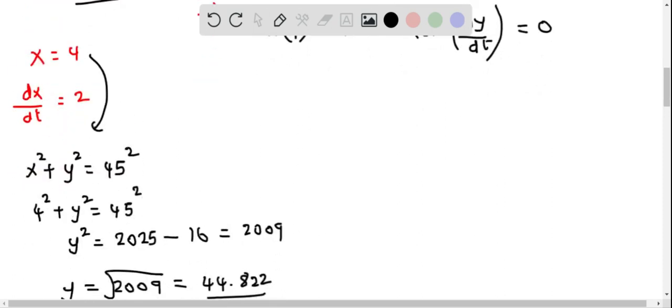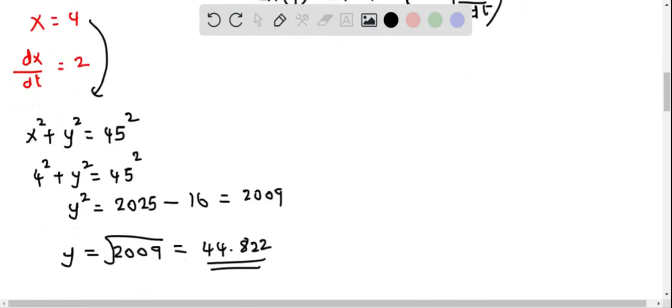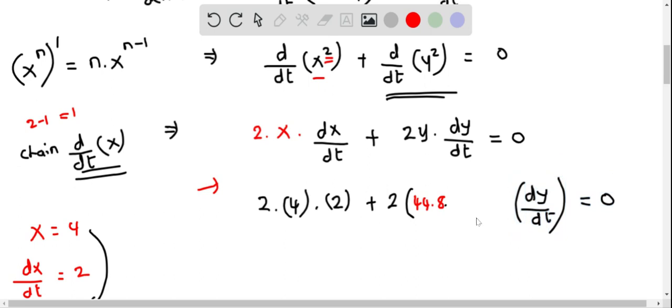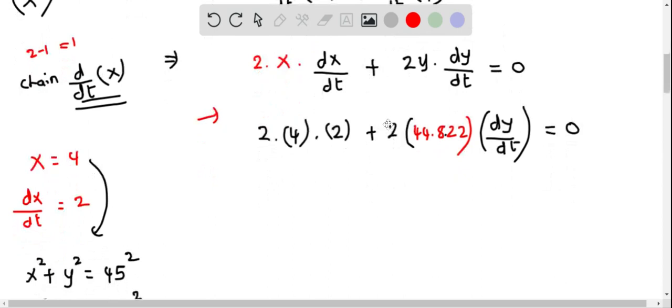We can substitute this into the equation. I replace y with 44.822.